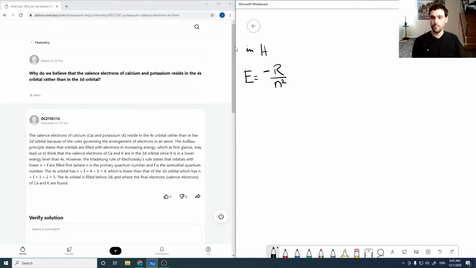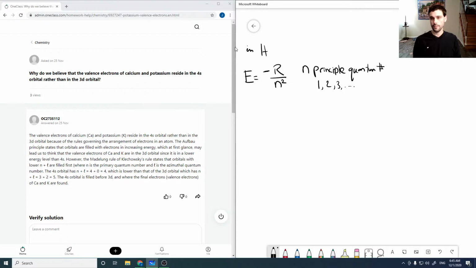And n here is our principal quantum number. And it ranges from 1 up. So those are the values that n takes.